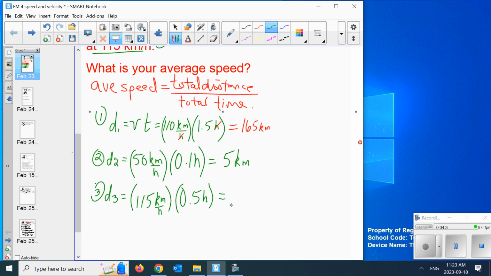Half of 115 is 57 and a half. So all of these combined is my total distance. So there's no quick way to do this, is what I'm trying to tell you. 165, 170, 227 and a half.